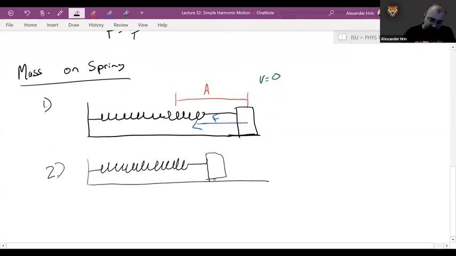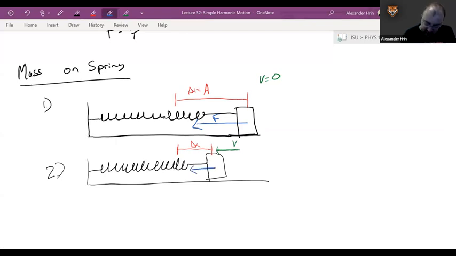We still have some delta x, but whereas before our delta x was equal to our amplitude, our delta x is now smaller than our amplitude. Now we're also going to have some velocity going in this direction, and I'll make that a medium arrow, just for qualitative purposes. We still have a force in this direction, but the force is now smaller.